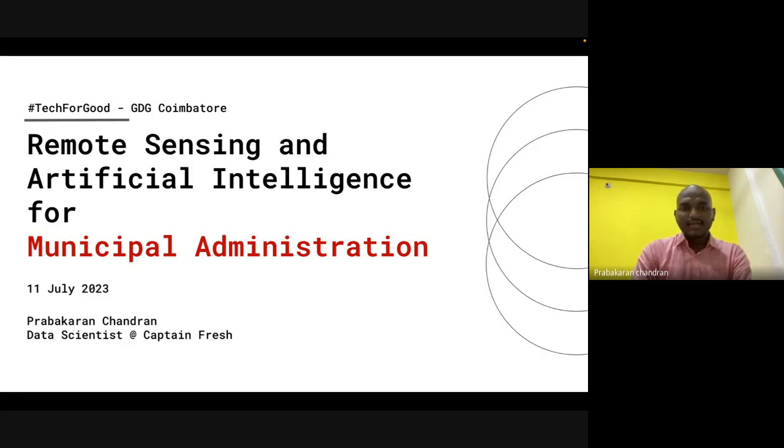So that's why I've taken this particular topic, remote sensing and artificial intelligence for municipal administration, so that this session will be one-on-one for those who are interested in landing remote sensing related tasks, and also how we can actually combine remote sensing along with artificial intelligence to solve certain problems which are industrial related or also social related.